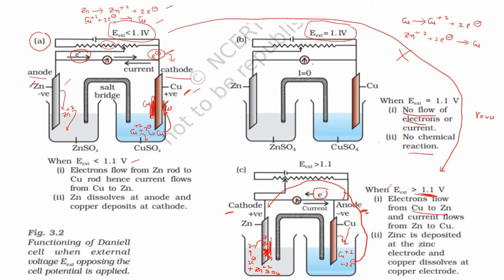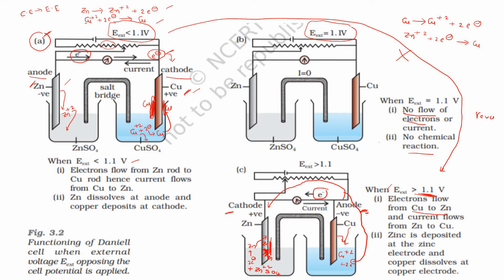Now what is happening here? In case A, you are producing electricity. That means when the applied voltage is 1.1 or less, chemical energy is converted into electrical energy.